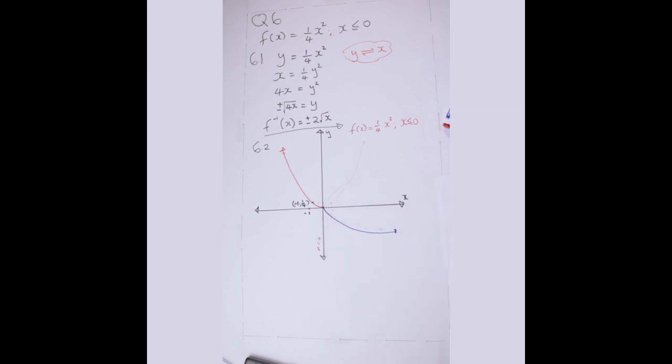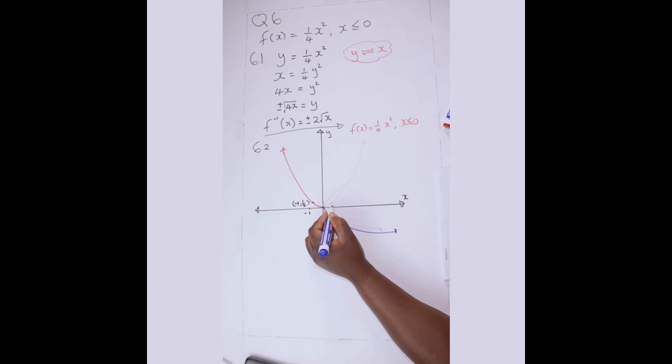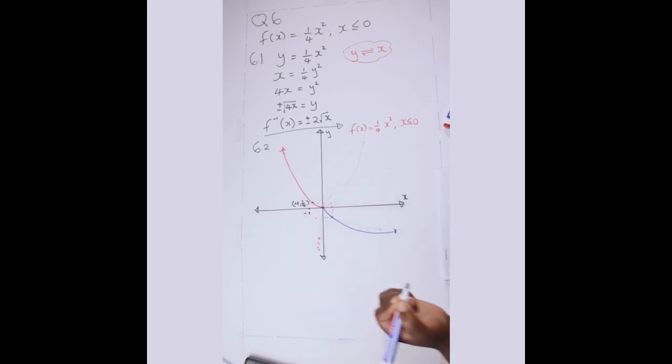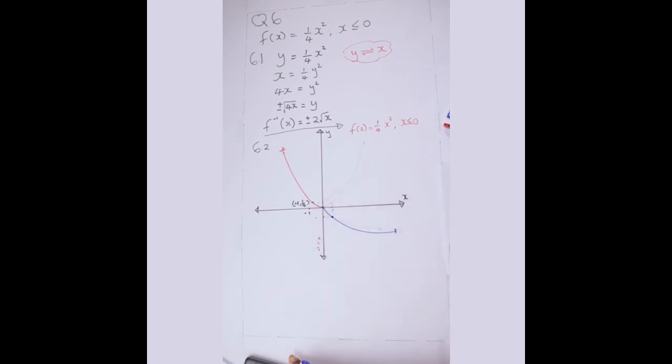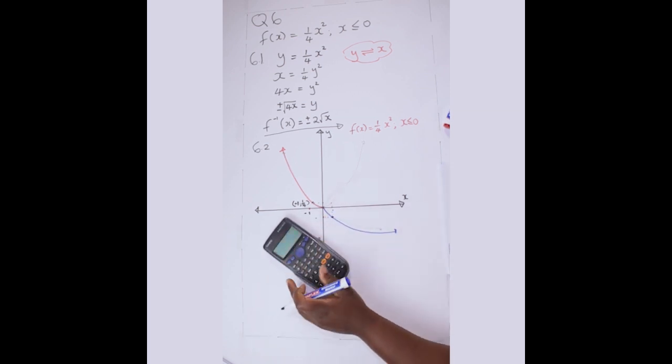That is the equation. And where x is 1, our y will be negative 1 over 4. Let's do that and see what we are going to have.